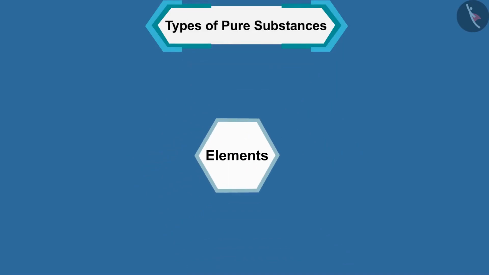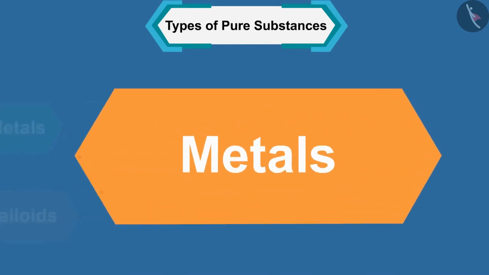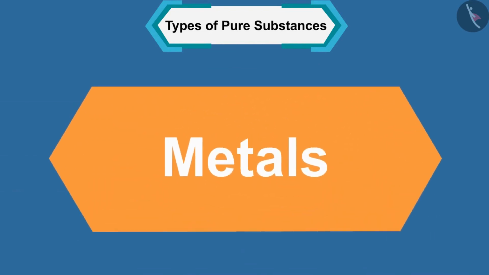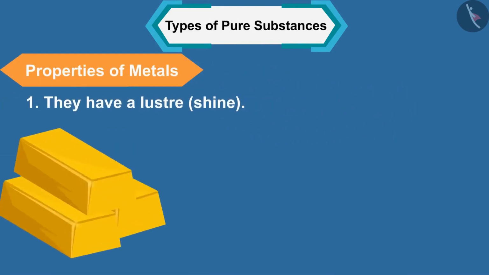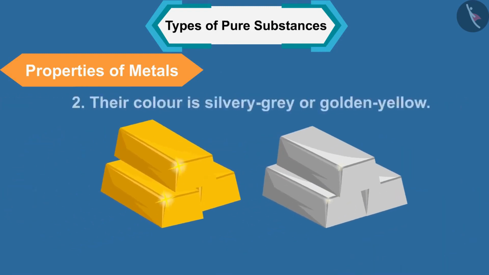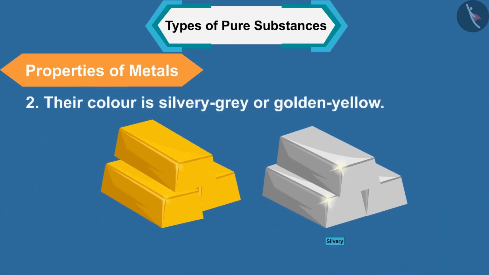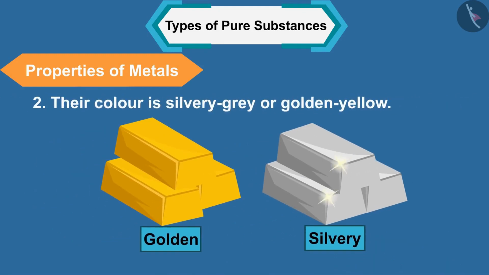Elements can generally be classified into metals, non-metals, and metalloids. Let us first learn about some properties of metals. 1. They have a luster, a shine. 2. Their color is silvery grey or golden yellow. 3.